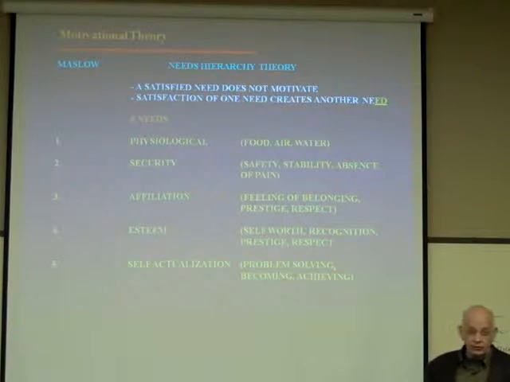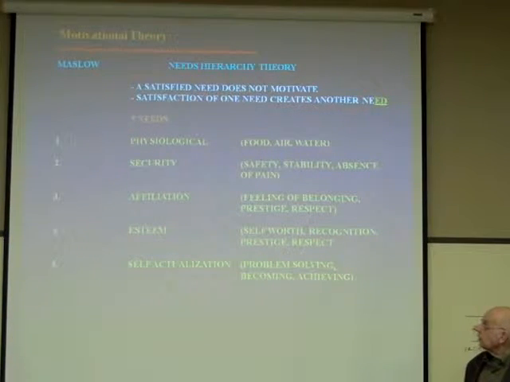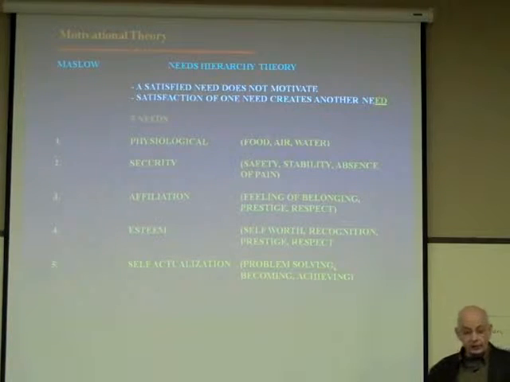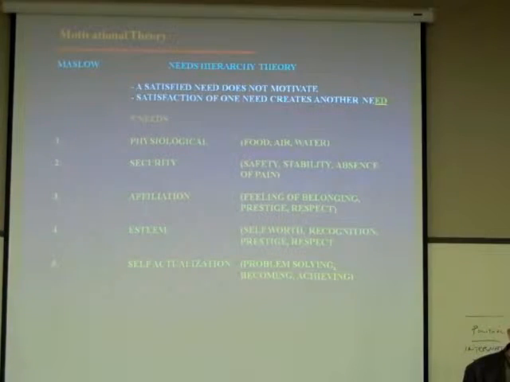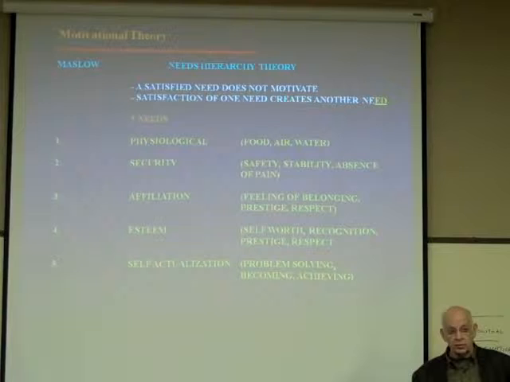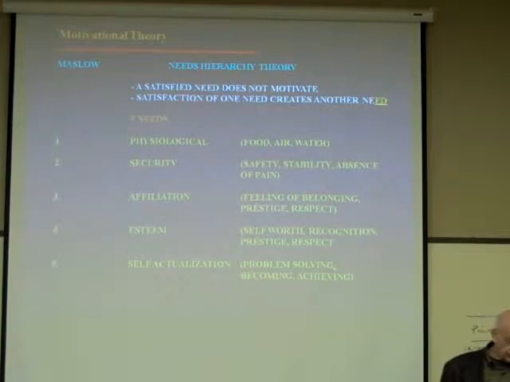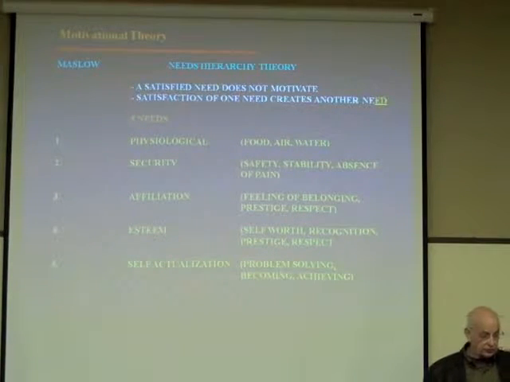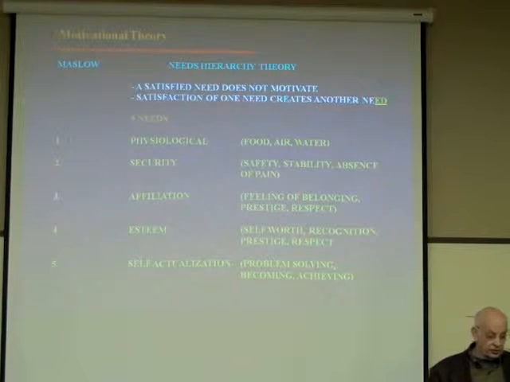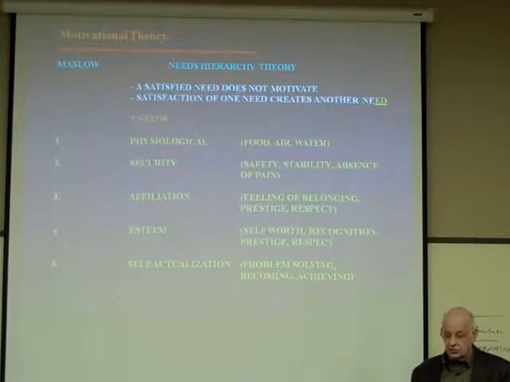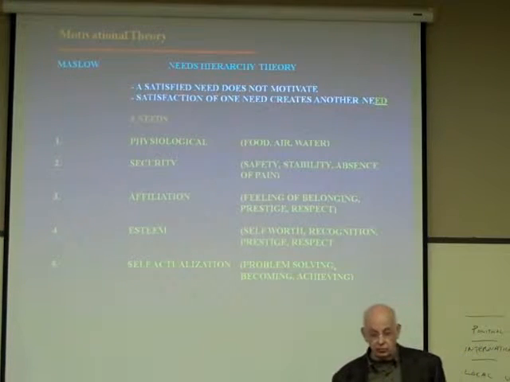But let's assume we have air, food, and water. The next level that Maslow claimed is that we need security. By security, he means the absence of pain, safety, stability. And so we can recognize that maybe our employees have air, food, and water.